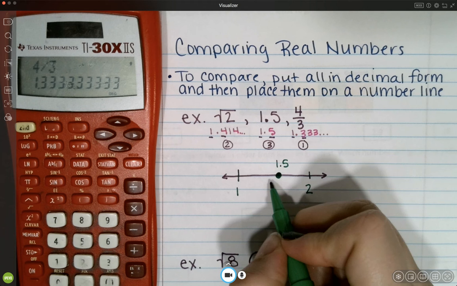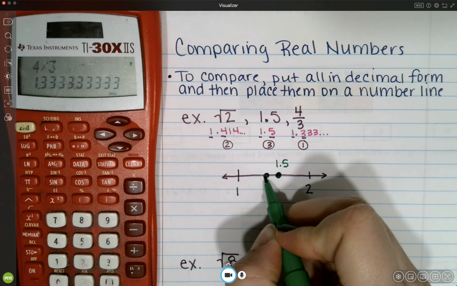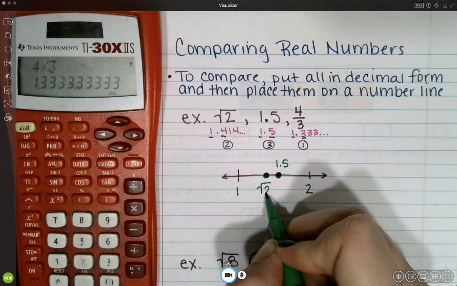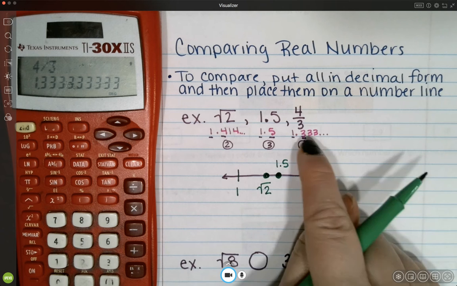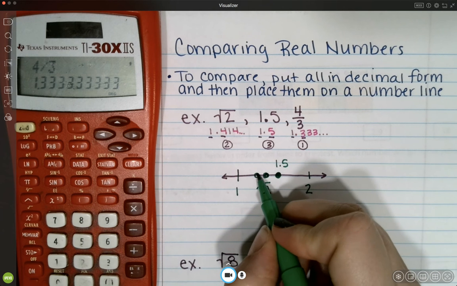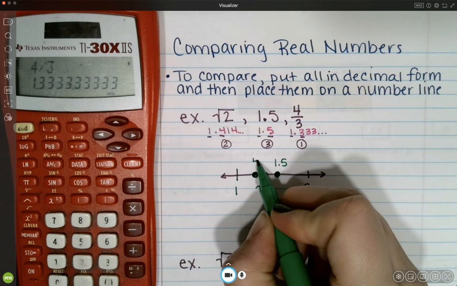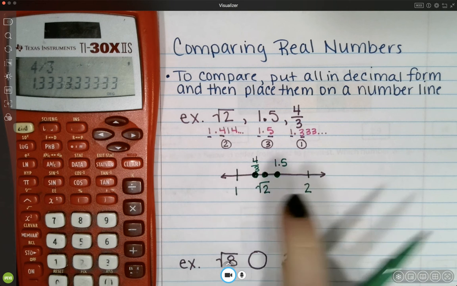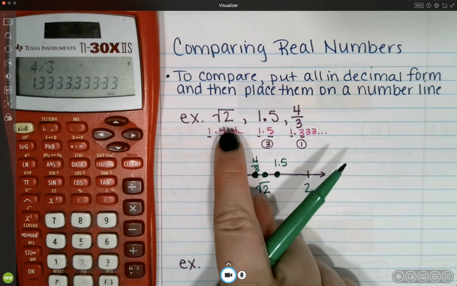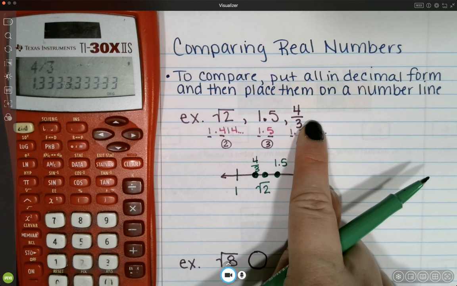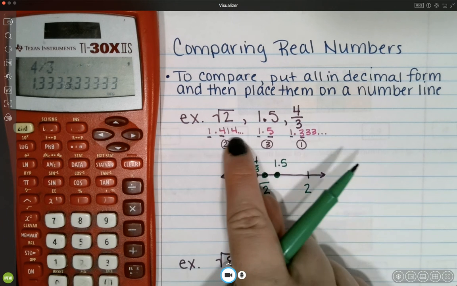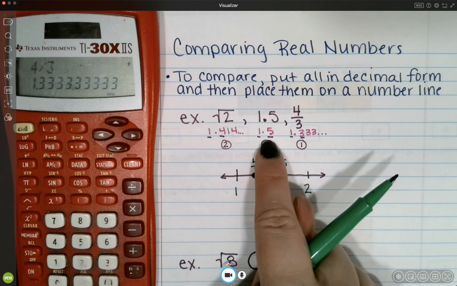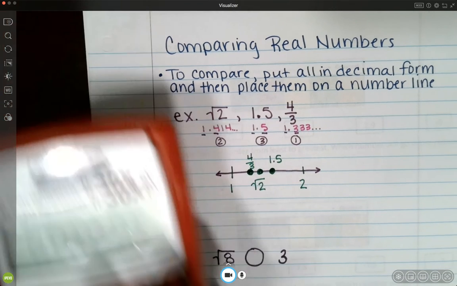At 1.414, we have the square root of 2. And at 1.33333, we have 4/3. Now notice when I'm listing them, I am putting them in the original format that they fall into. I'm not putting the decimals unless the decimal was what was given.